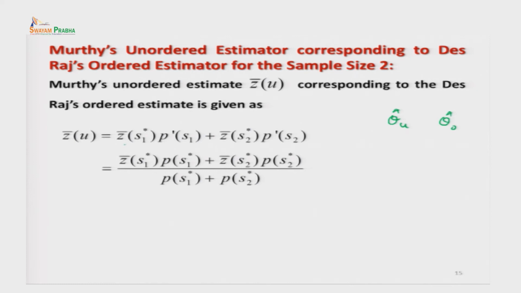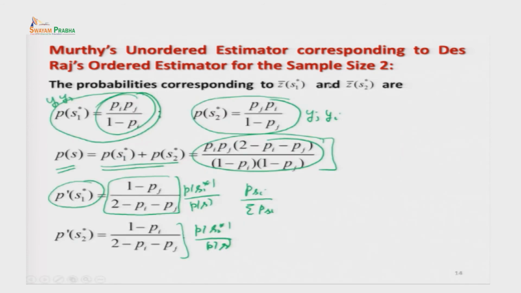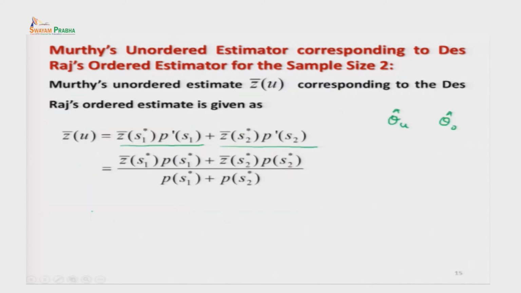So this becomes Z bar S1 star into its corresponding probability P prime S1, and Z bar S2 star into P prime S2. Now you simply substitute the two values you have obtained, P prime S1 star and P prime S2 star, and you get this expression. So this is Murthy's unordered estimator corresponding to the Deshraj ordered estimator.